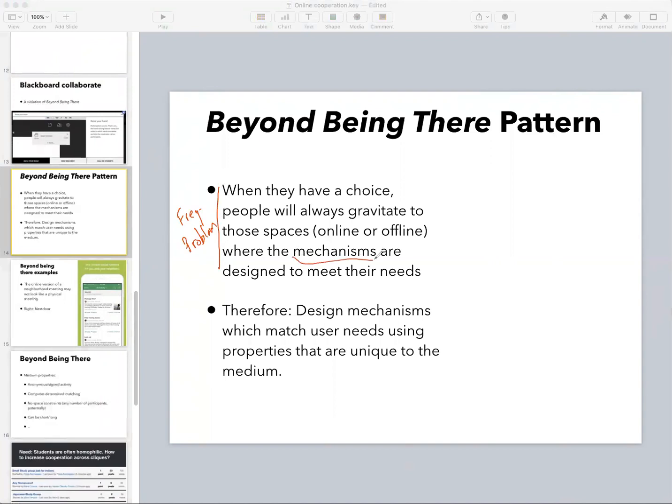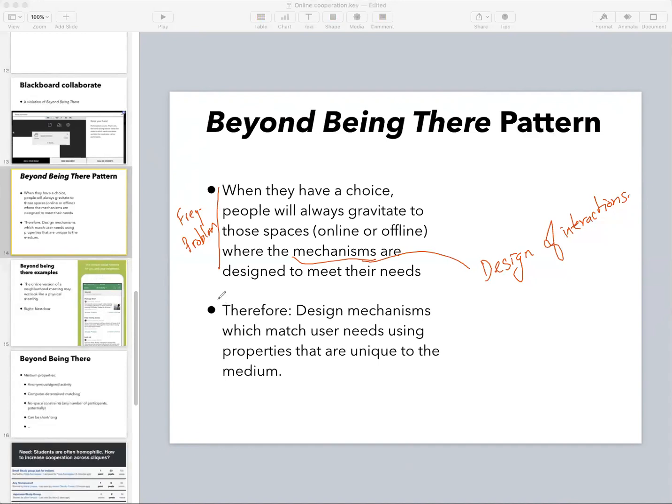We call this mechanism, which is essentially a design of interaction. So if the online space is better suited for a particular kind of interaction, they will go online versus in person. If some other interactions are better suited, you go in person. So that's a frequent problem.